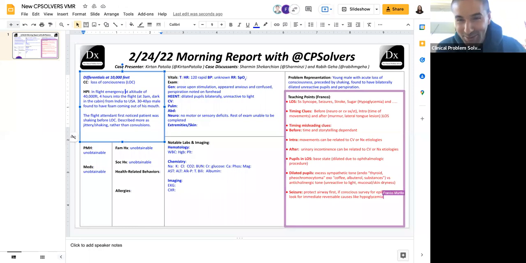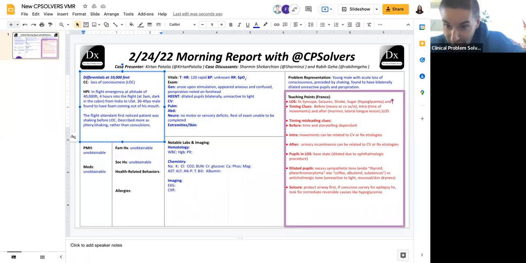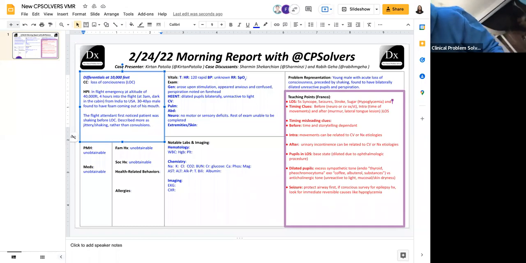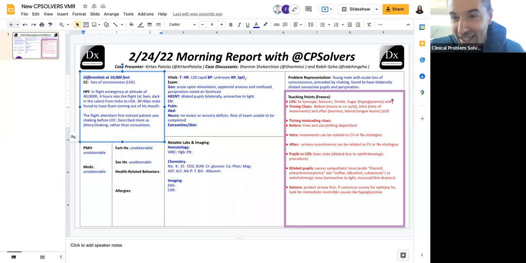But I want to make sure you don't miss another important S, and that fifth S is this. Ready? One sec. I'll show you the fifth S. See it right there? That's the fifth S. I want to make sure this patient isn't sleeping. There are fascinating syndromes of deep, deep sleep, including a recent NEJM case that I'm sure Kirtan read.